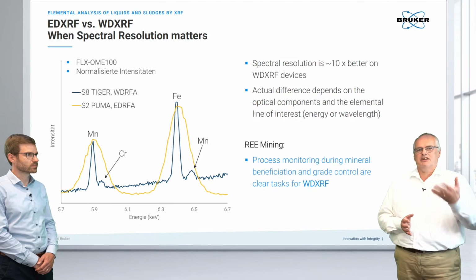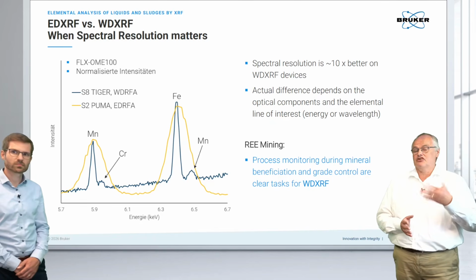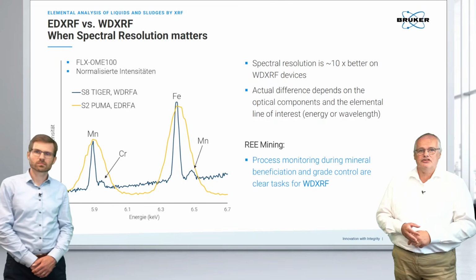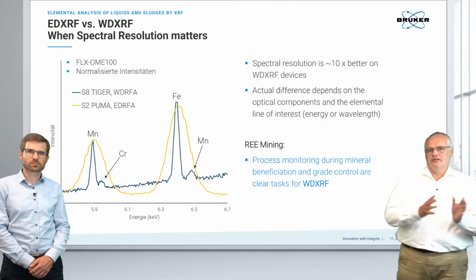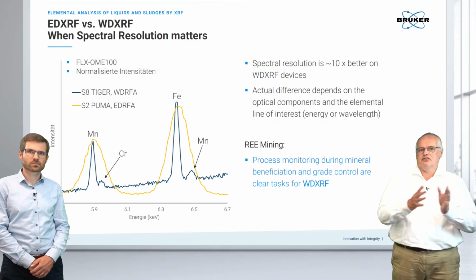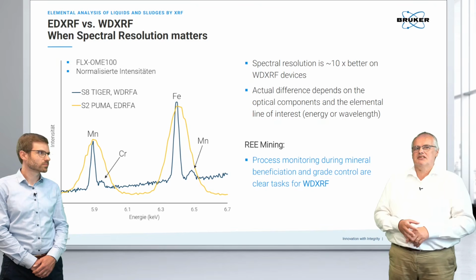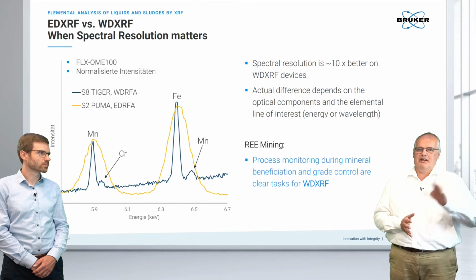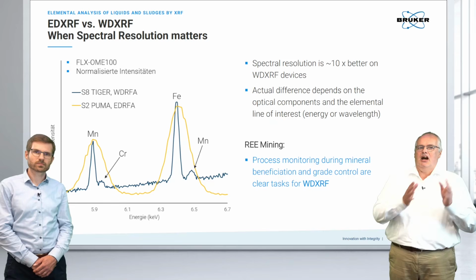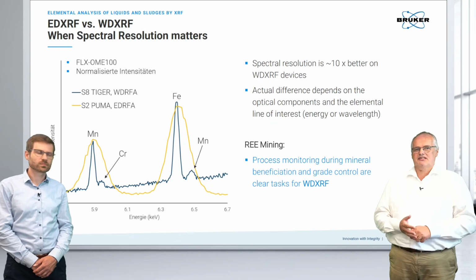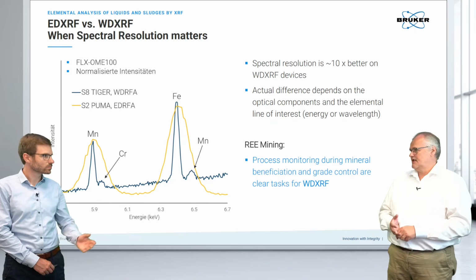When you have a simple application, a few elements, energy dispersive is a very good technology. But as soon as you're moving into more complex samples and you want very good accuracy, you don't like to do overlay corrections by estimating the overlay. You want physical separation, and this is done by wavelength dispersive.